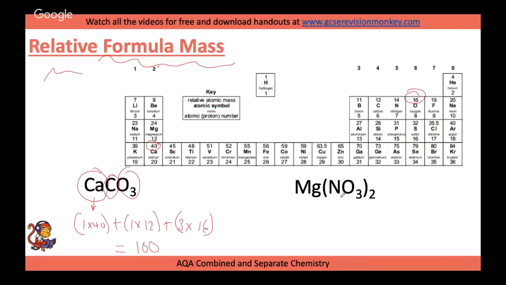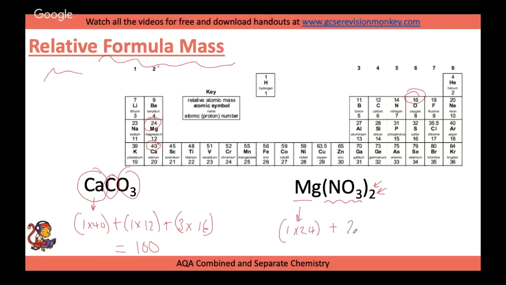If we do that, we would get the answer of 100, and it has no units because it's relative mass. For this one, I just wanted to put a difficult one on because if you see anything in brackets, that's multiplied by the number outside the bracket. So magnesium, there's just 1 of those, and I'm just getting the 24 from here. There's just 1 of those. And all of this in the bracket needs to be multiplied by 2.